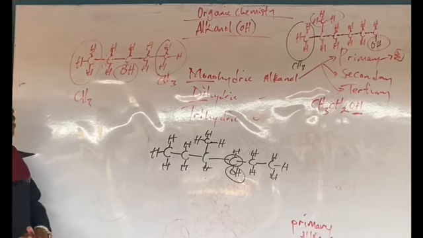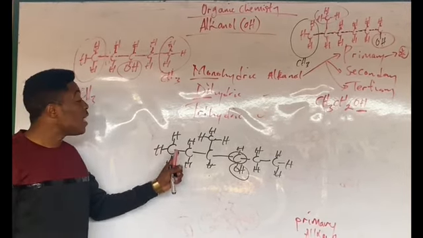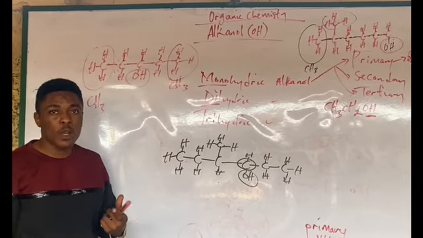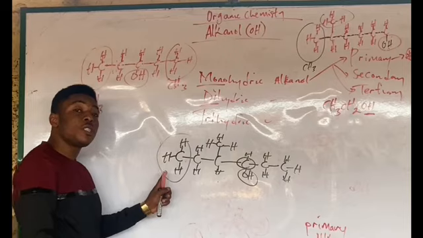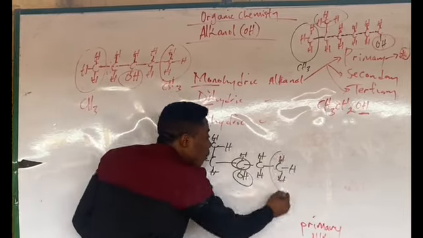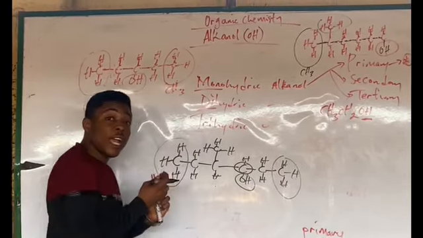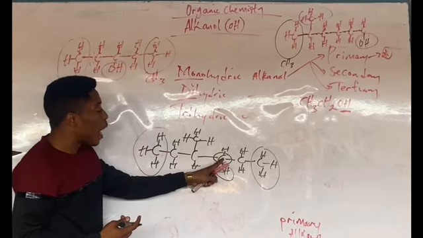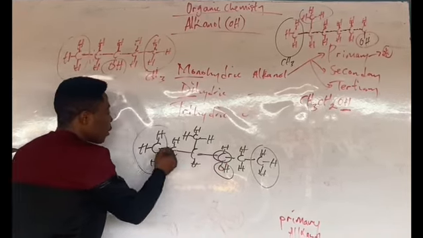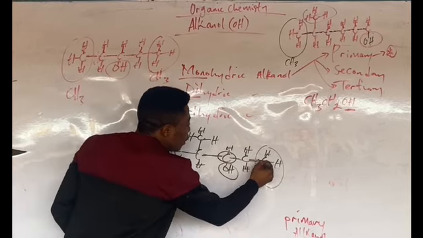Class, without wasting time, this is actually a secondary alkanol. The reason: we have one methyl group here, and another methyl group, and these two methyl groups have direct link with the alpha carbon, which is this and this.